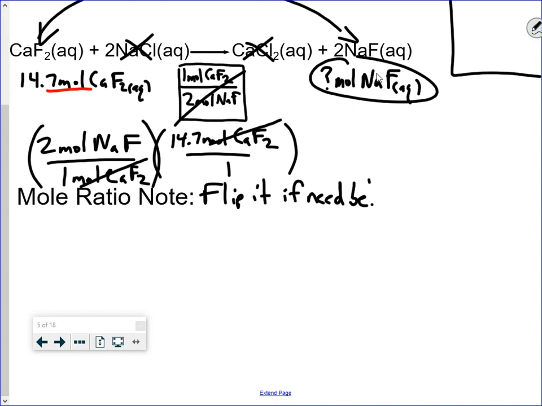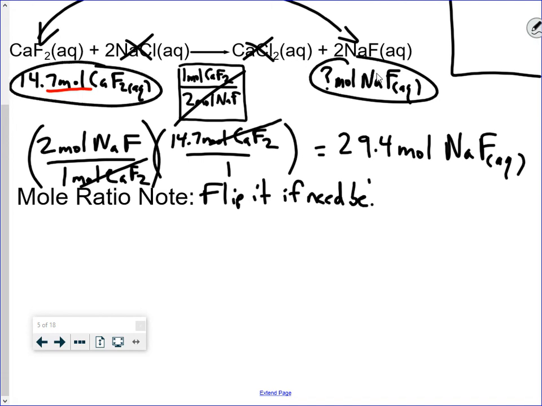We did all that work just to times it by 2. Round to 3 sig figs and I get 29.4. A mole-to-mole question is literally just timesing the moles you're given by the proper mole ratio. That's all it is, but you have to make sure your units cancel.